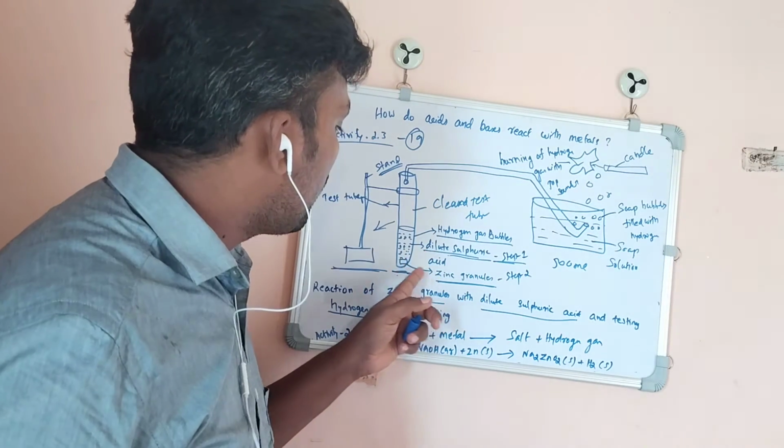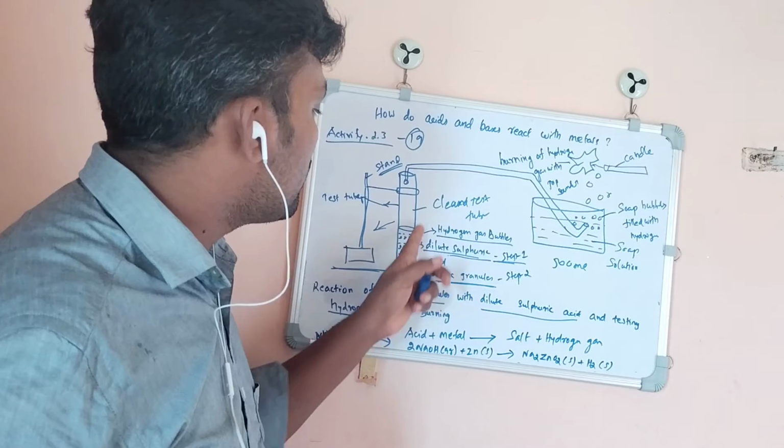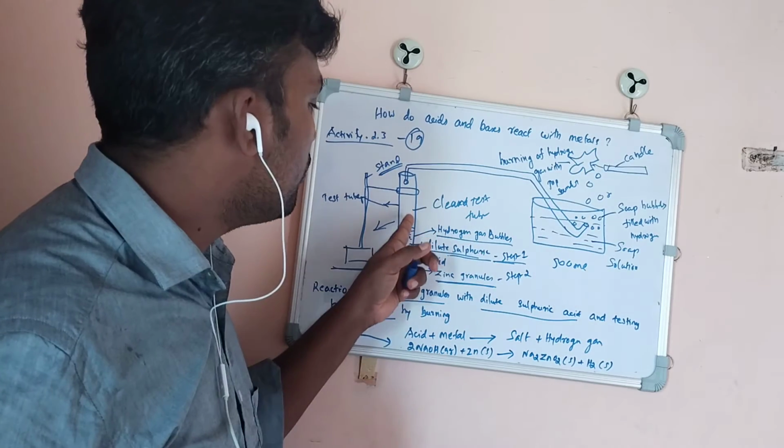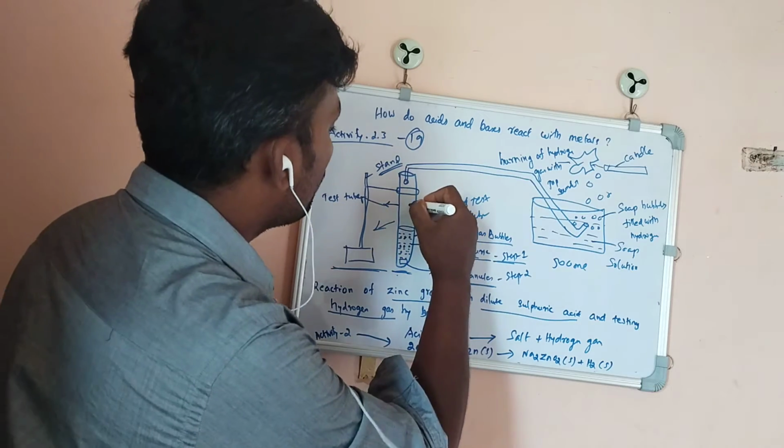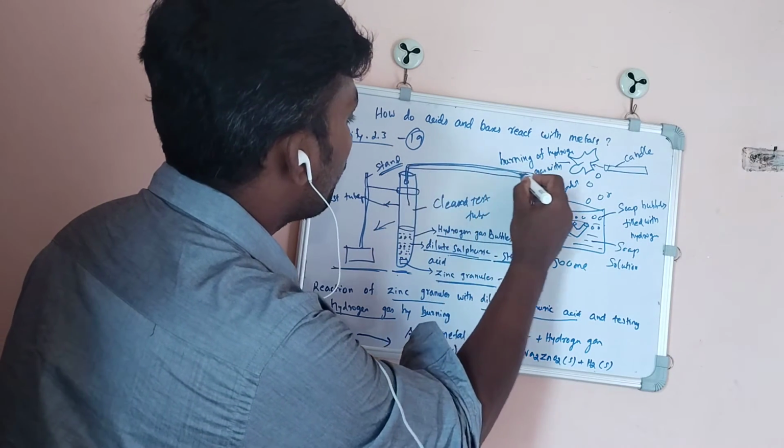After adding the zinc granules into the dilute sulfuric acid, you can see hydrogen gas in the test tube. Whatever hydrogen gas is produced in the test tube passes through this tube.